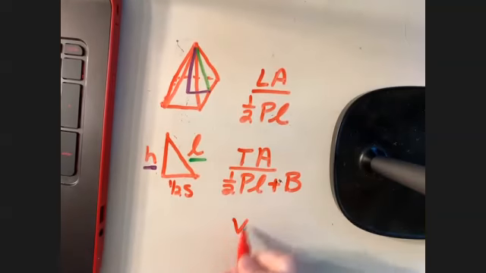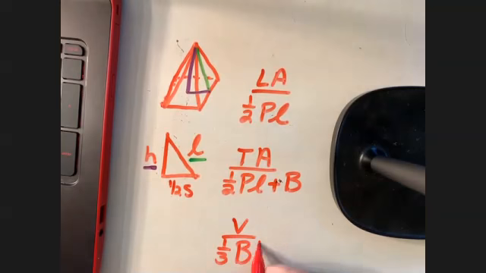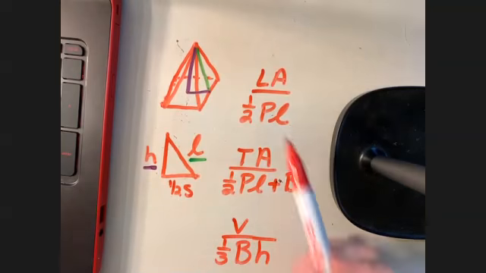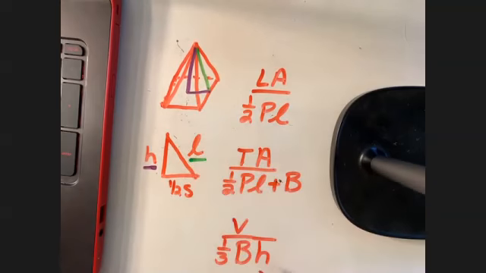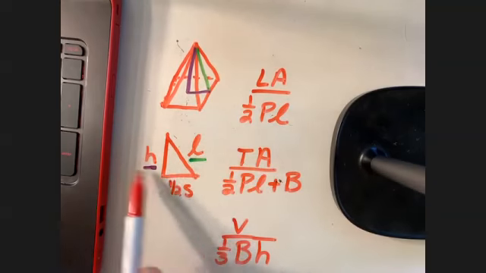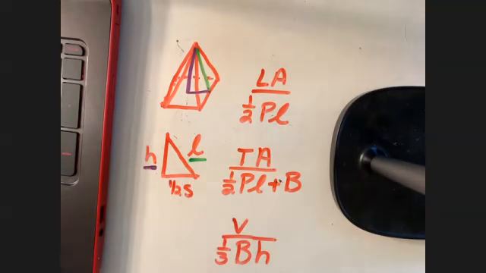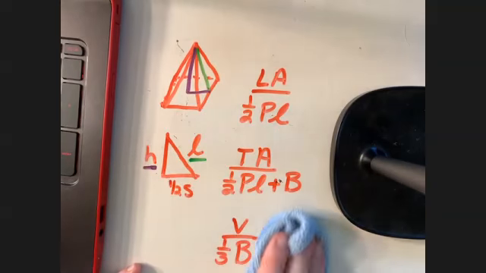Volume is 1/3 big B, the area of our base, times height. For your areas you need L, the slant height. For your volume, you're going to need your regular height. So those are those two shapes.